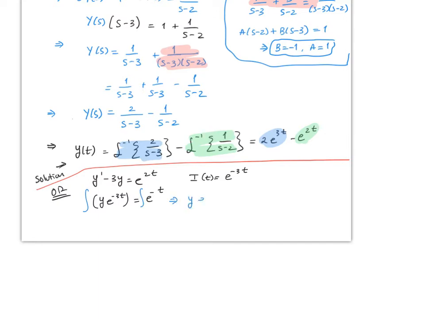You will end up with y e to the minus 3t is equal to minus e to the minus t plus some constant, or y is equal to e to the 2t plus constant times e to the minus 3t. And you can see that this is identical to this. You just have to find the value of the constant.